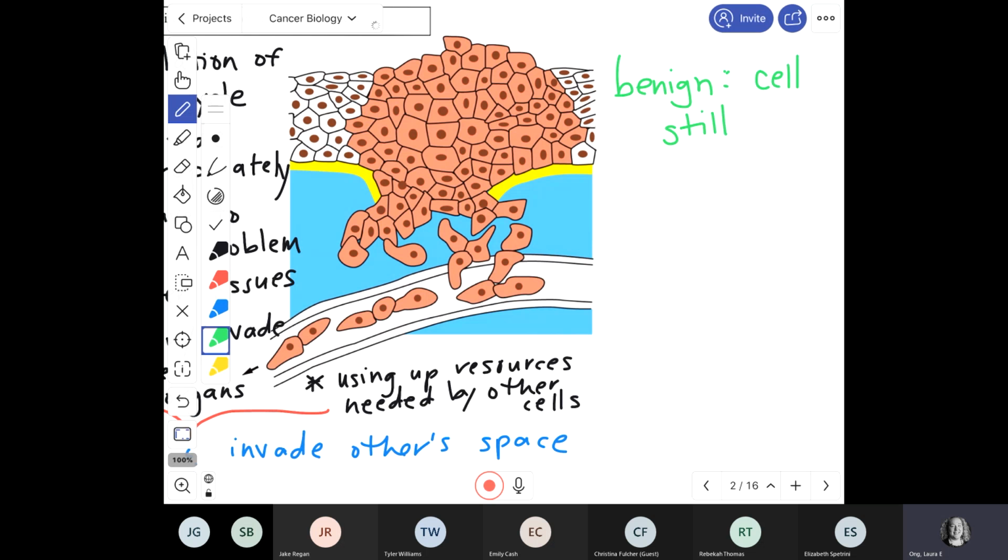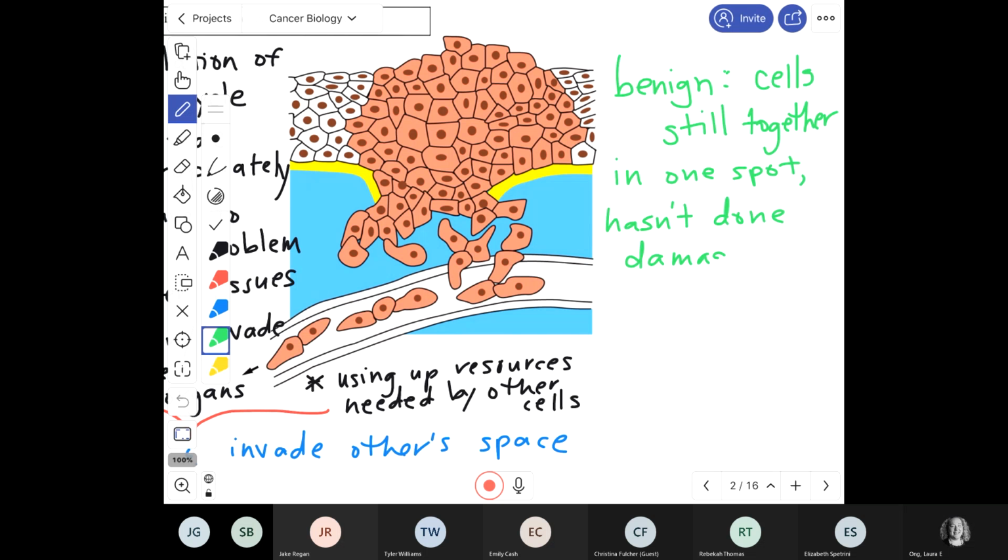So in a benign tumor, the cells are still together in one spot, and that tumor, if it's benign, hasn't done damage to other tissues yet.